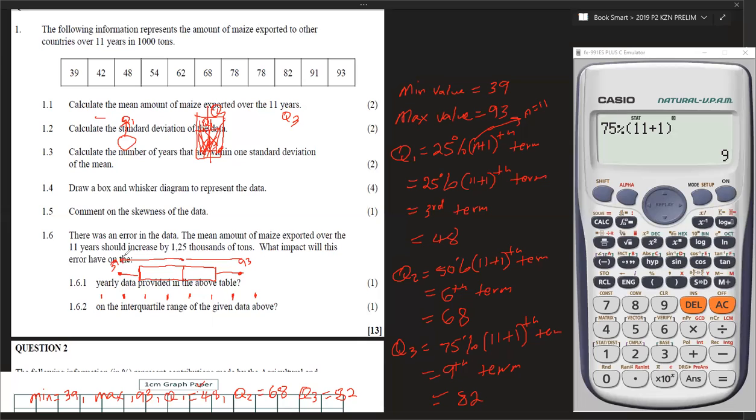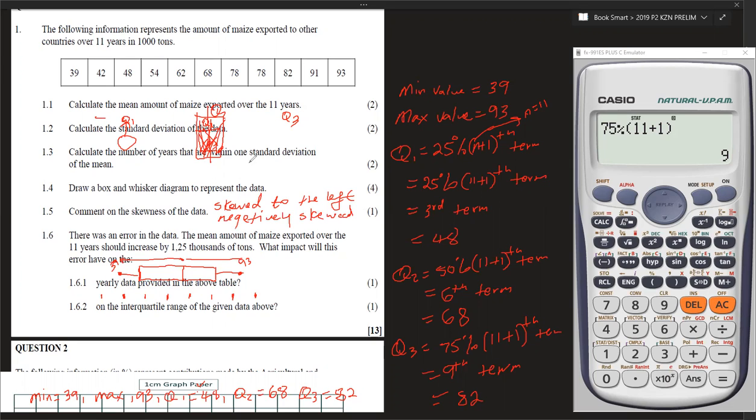The longest one is on the left, so it's skewed to the left. Or you can say negatively skewed. Ne? Negatively skewed.